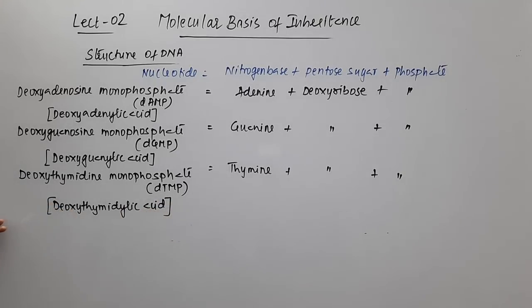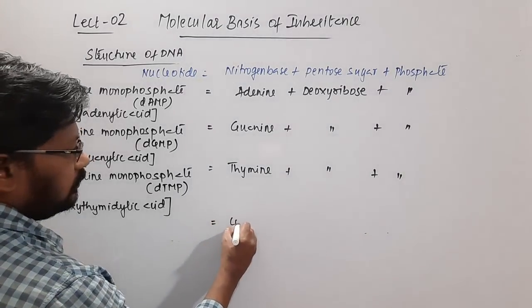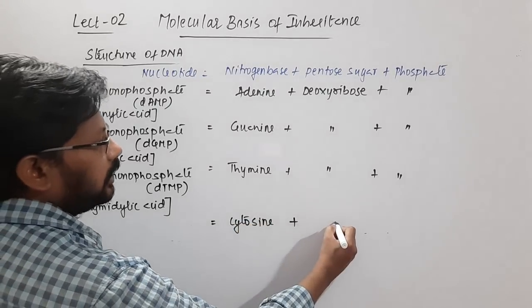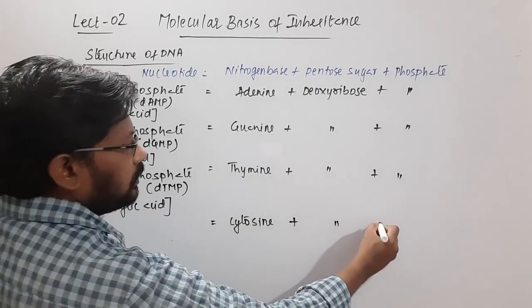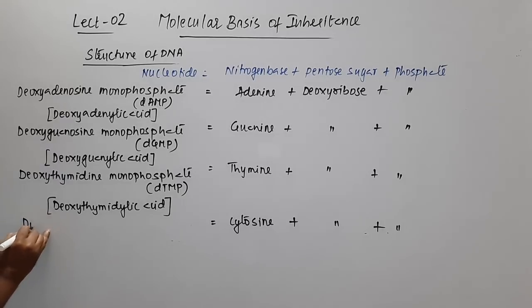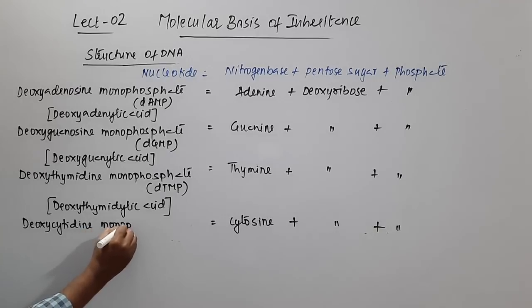The last one, the nitrogen base cytosine. The deoxyribose is the same and the phosphate also the same. Then this results in the formation of deoxycytidine monophosphate.